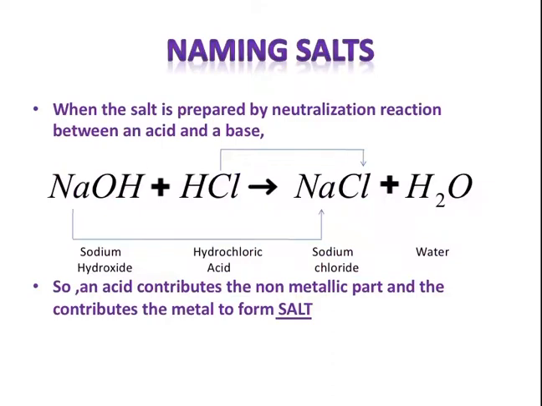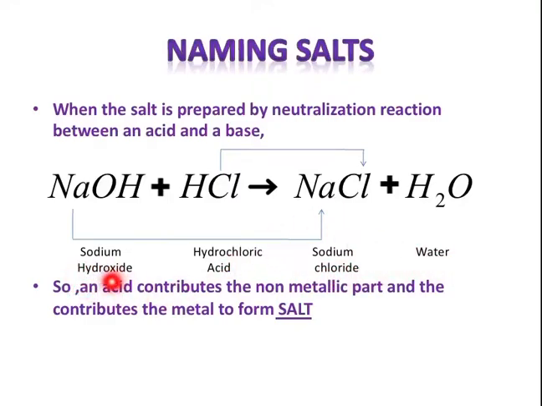When the salt is prepared by a neutralization reaction between an acid and a base, like here you can see NaOH is a base, that is sodium hydroxide, and HCl is hydrochloric acid. When they react with each other, they form sodium chloride along with water.